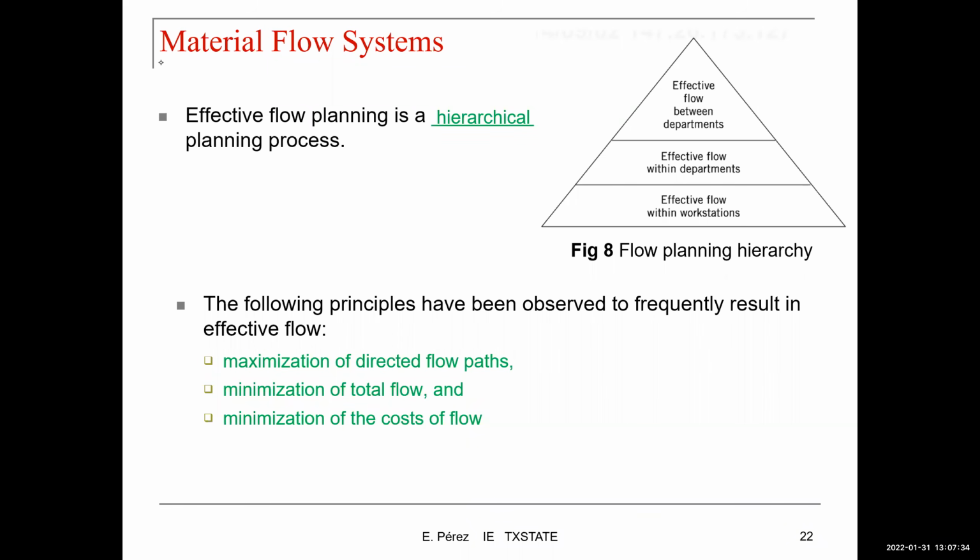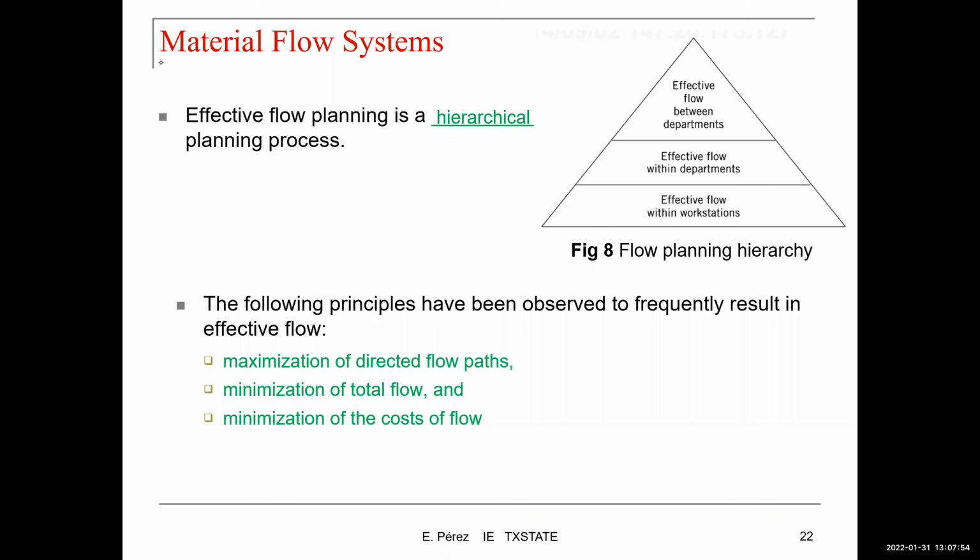So maximization and minimization, these words are used when we're thinking about the optimization process. So maximize meaning that you're looking at maximizing whatever performance measurement you're looking at. So maximize is going to be the best performance that will give you the maximum value.